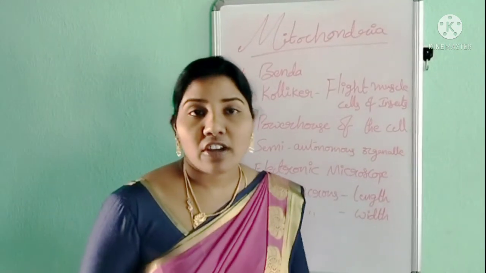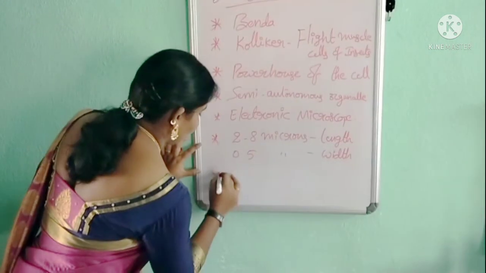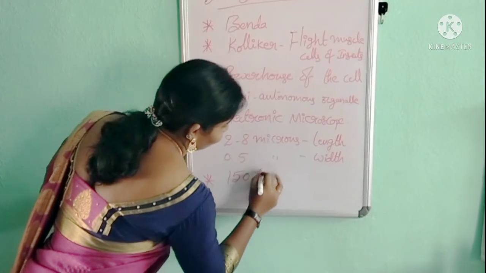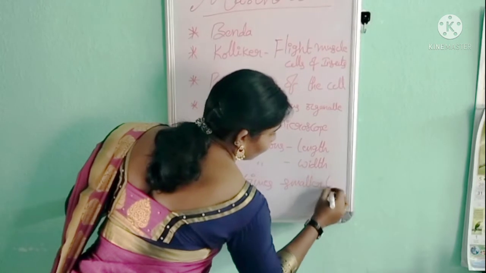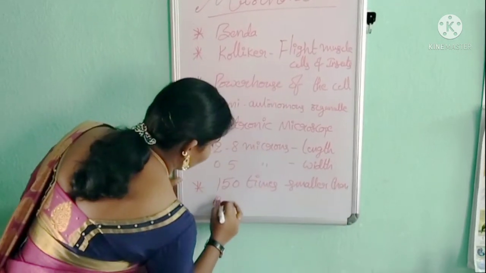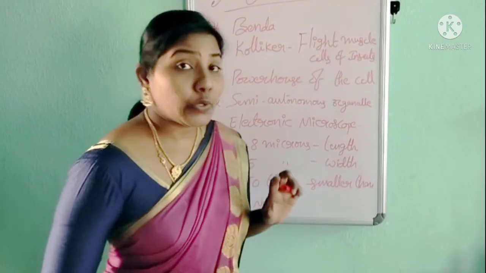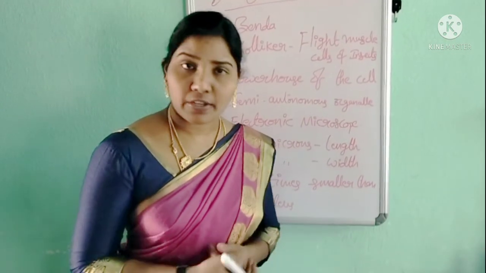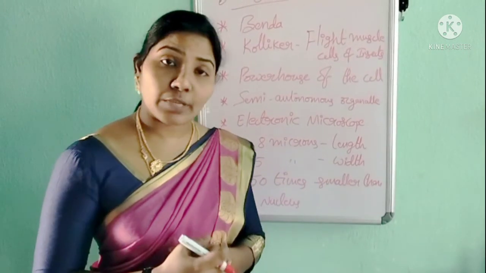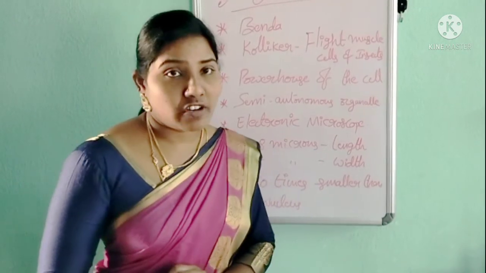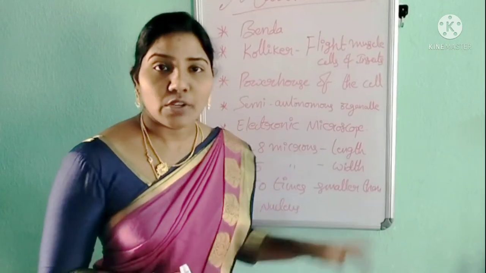The mitochondria are 150 times smaller than the nucleus. In the cell, the nucleus is present, of course, we already know that. So the nucleus is much more visible than the mitochondria. That means the mitochondria are 150 times smaller than the nucleus.